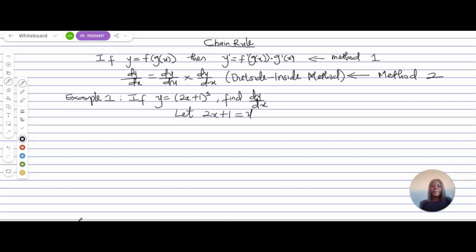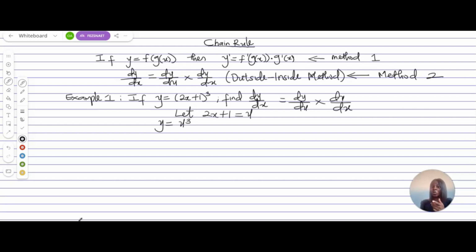Now, let 2x plus 1 be equal to u. Then I'll rewrite my y. My y becomes y equals u to the power of 3. Now remember that this formula says dy/dx is equal to dy/du times du/dx.